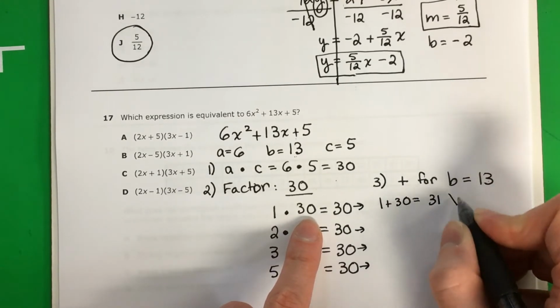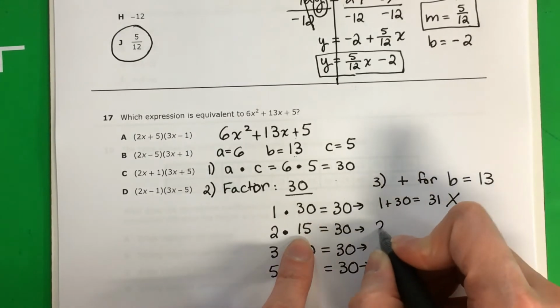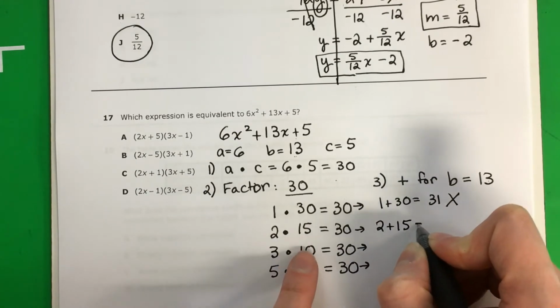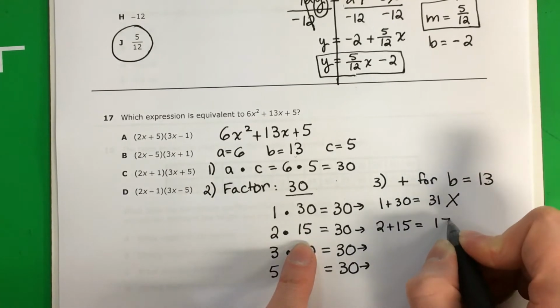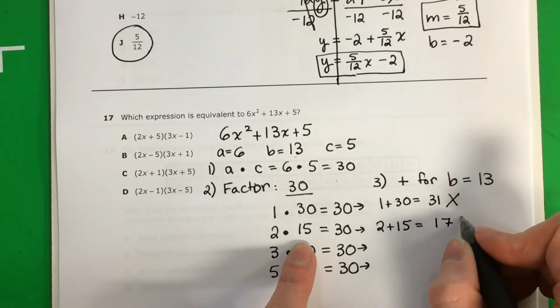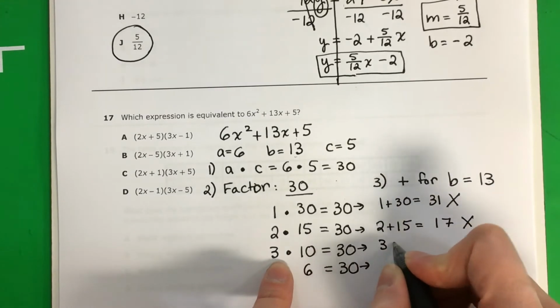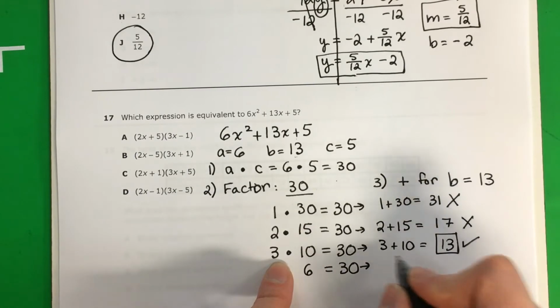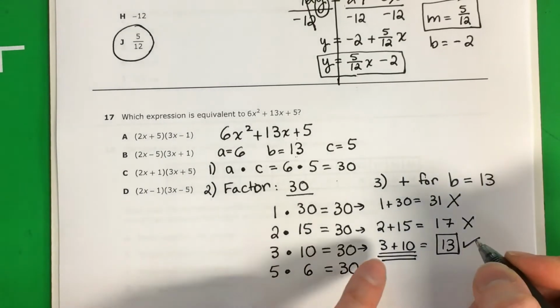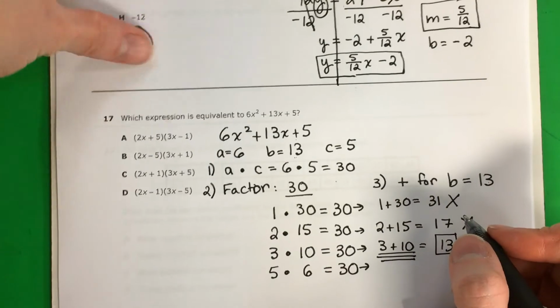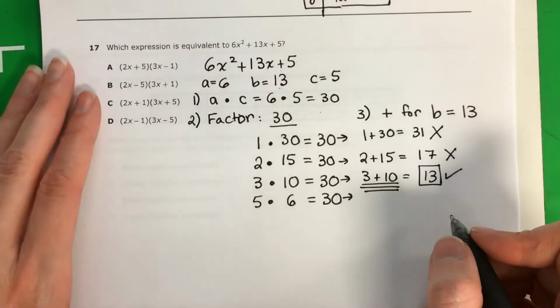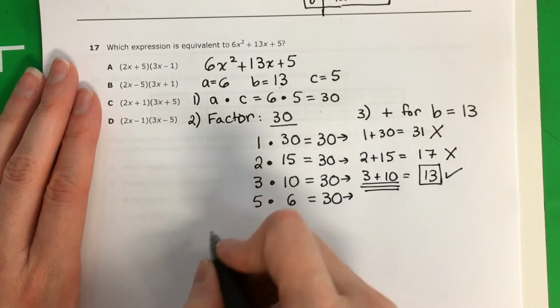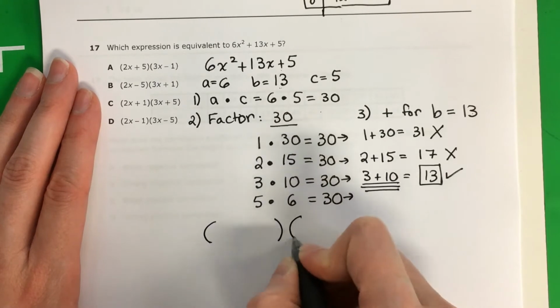That's not 13. 2 plus 15 equals 17. Is that 13? No. 3 plus 10 equals 13. That works out. So my numbers that I want to use are 3 plus 10. Now what I'm going to do is put in the parentheses. I'm going to put parenthesis.